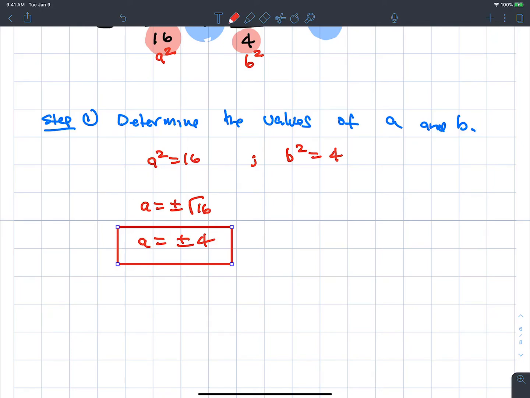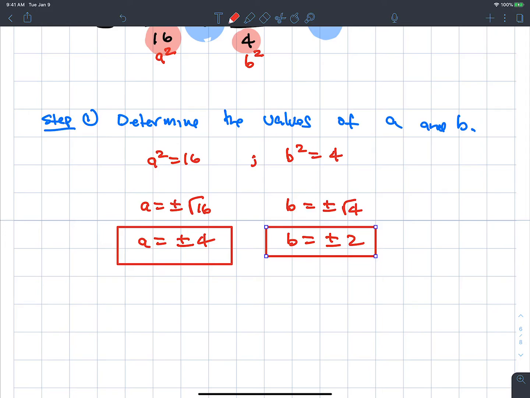And there you go. We got the a values, and we're going to use both values here. A can be negative. Solving for b, b is plus or minus square root of 4, which means b here is plus or minus 2. So these are the a and b values that we look for.